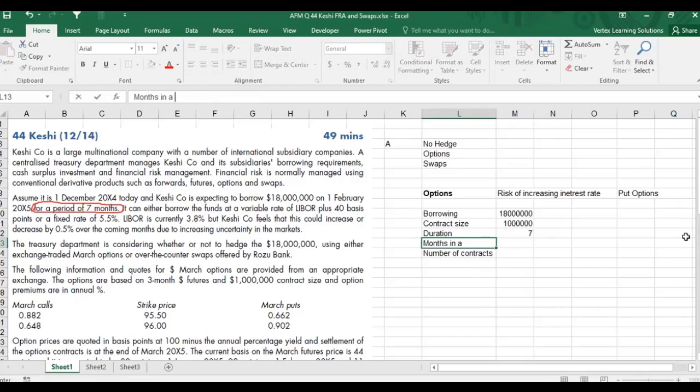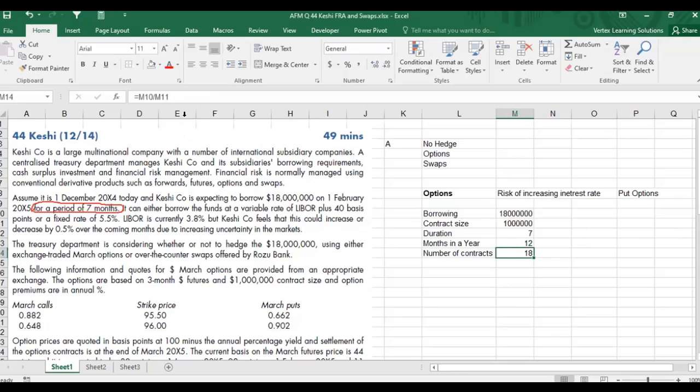I'm just putting these numbers here, months in a year, so that I can use the formula. 18 million divided by 1 million. If I do it like this, it means 18 contracts, but I don't need 18 contracts actually, because each contract has a 3 month duration.